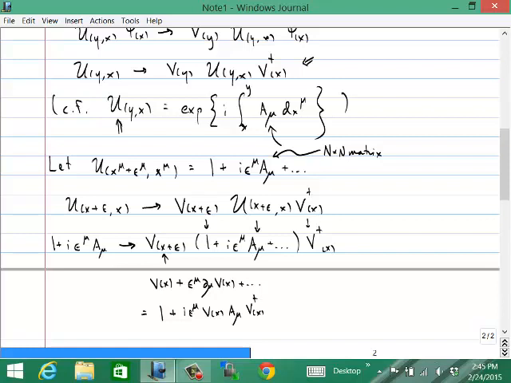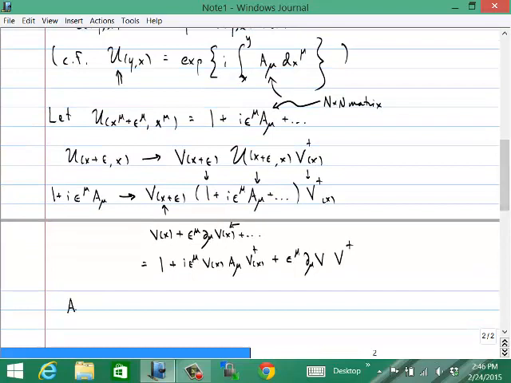Of course, A and V are all n by n matrices, so we need to be careful about the ordering here. And then we get another term linear in ε^μ coming from this guy right here. So that's plus ε^μ ∂/∂x^μ of V times V dagger, all evaluated at the point x. So that means that A_μ under this gauge transformation is conjugated by the matrix V and picks up an additional term.